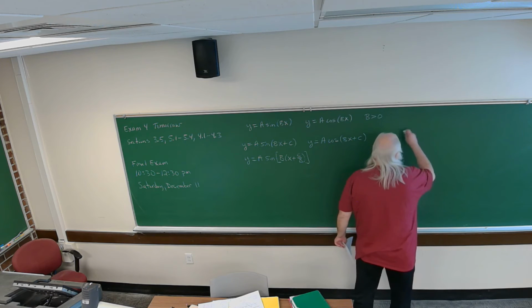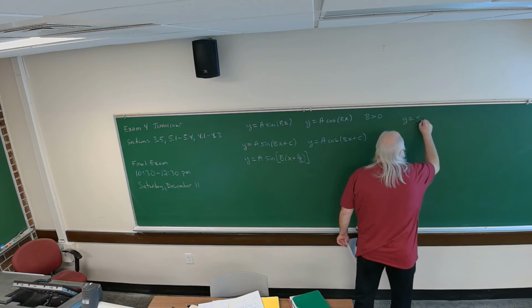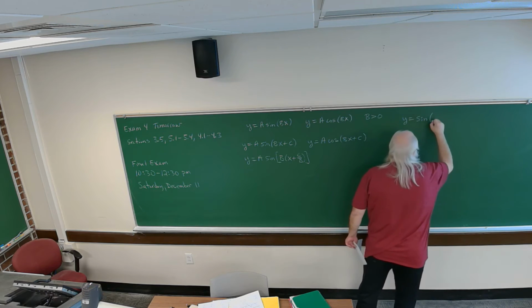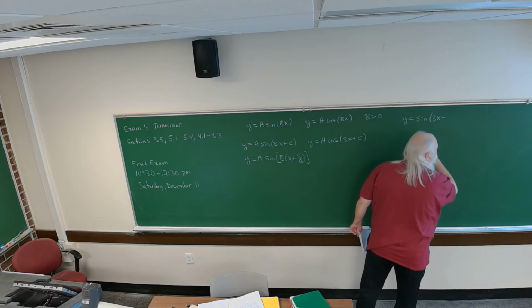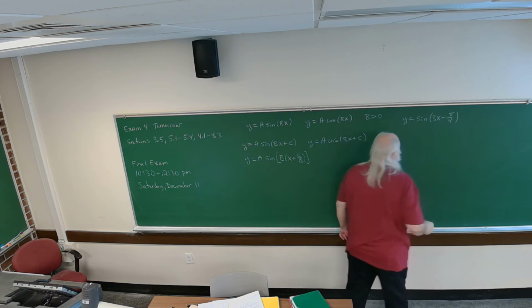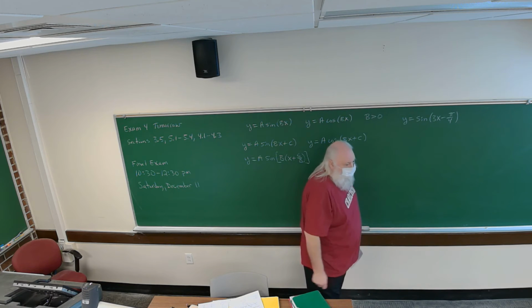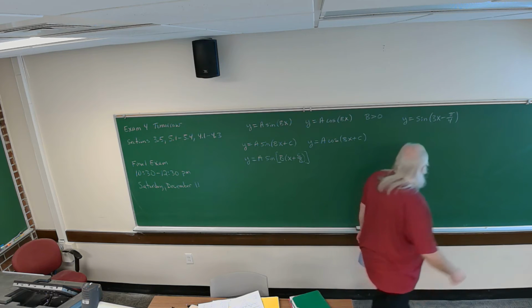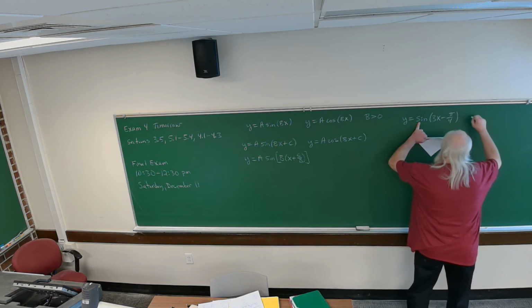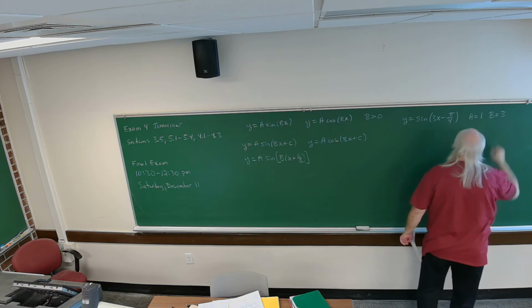So in the first one, we have y is equal to the sine of 3x minus pi over 4. So we can determine the amplitude, the period, and the phase shift in the graph of this transformed sine function. A, the number in front of the sine function, is equal to 1. B is equal to 3.